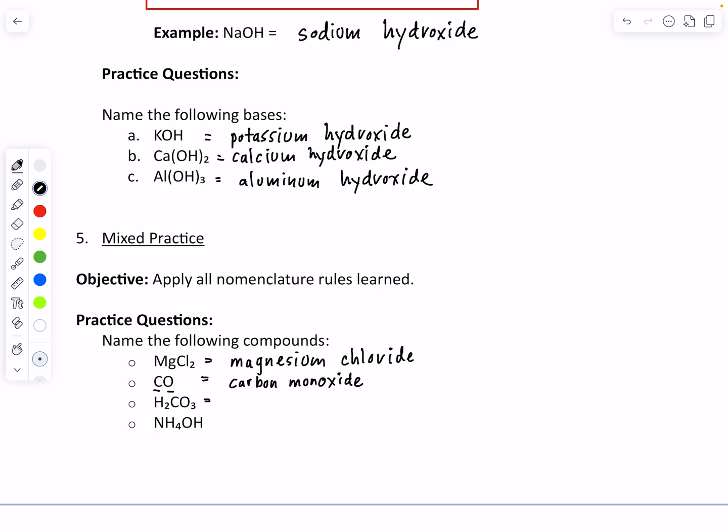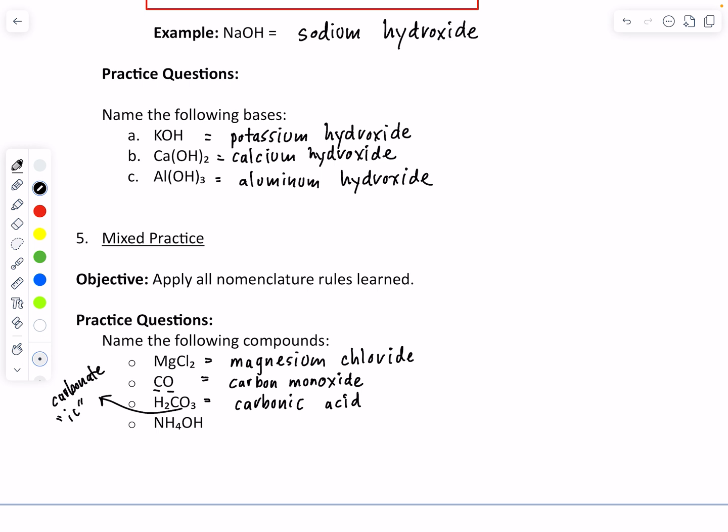Next, we have H2CO3. CO3 is carbonate. From our reference table above, we can see that it's carbonate, which ends in ate, so we name it with ic. So this will be carbonic acid.